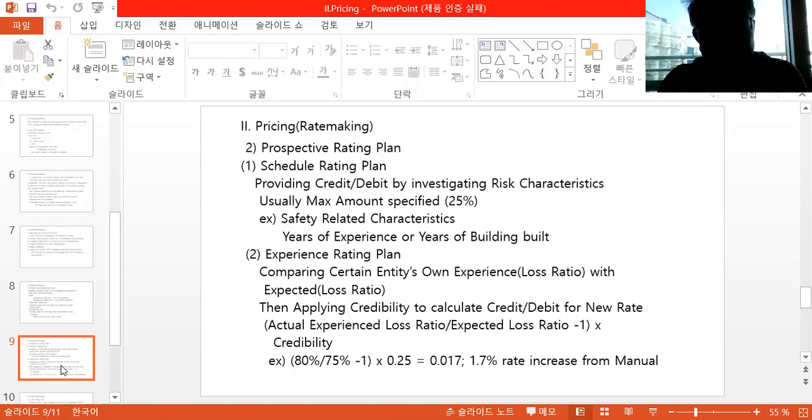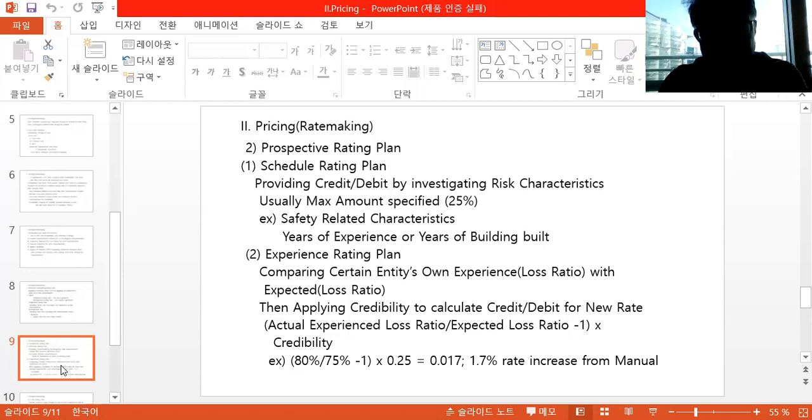And the second one is called experience rating plan. It compares a certain entity's own experience, here experience meaning loss ratio, with the expected loss ratio. Then we apply credibility to calculate the credits or debits for new rates, that is, how many credits or debits you're going to give to the manual rate.